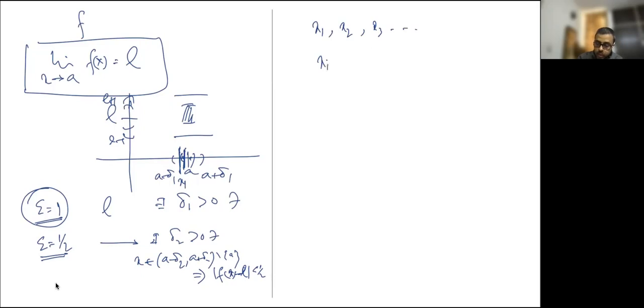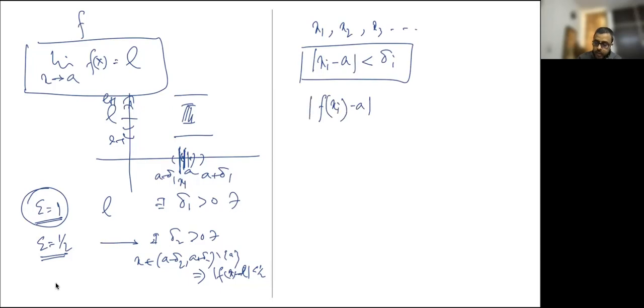And what is special about them? |xi minus a| is less than delta i, whatever delta i was. And what else? |f(xi) minus L| is less than 1 over i.